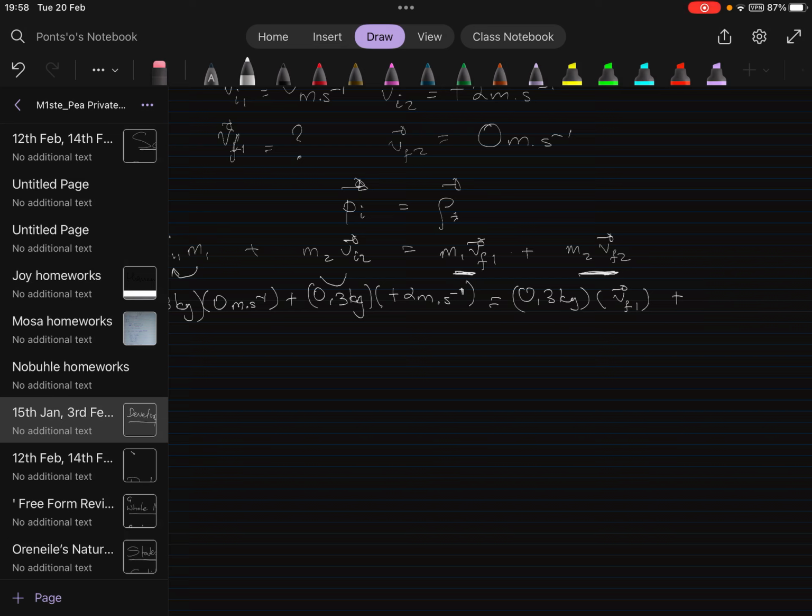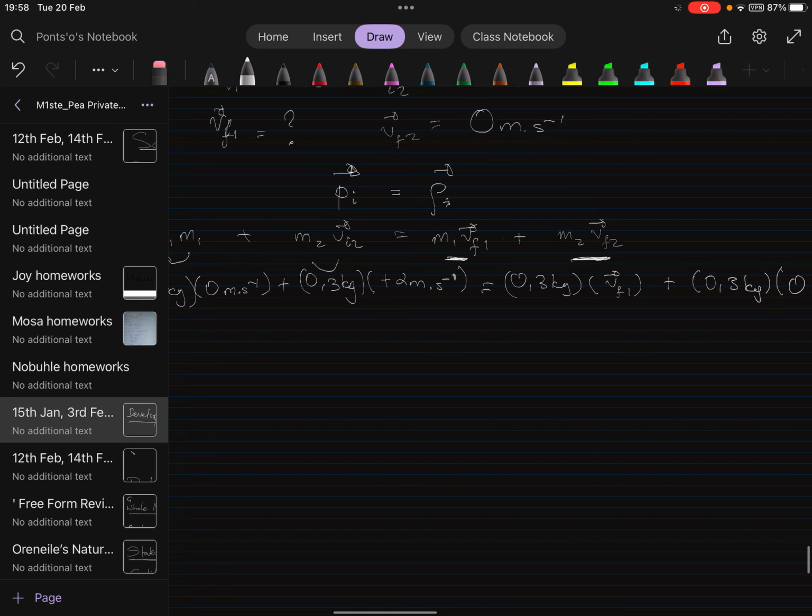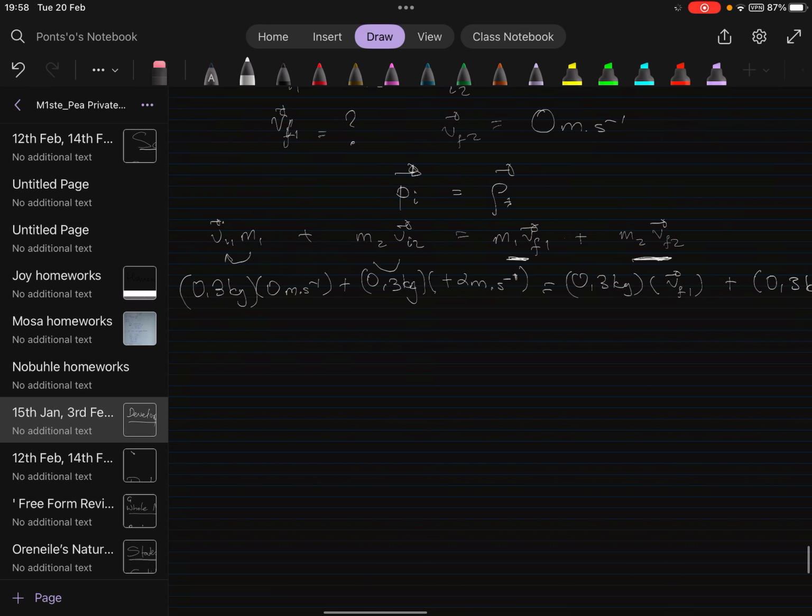Then you add the mass of the second object, which is 0.3 kilograms, times the final velocity, which is 0 meters per second. All right.